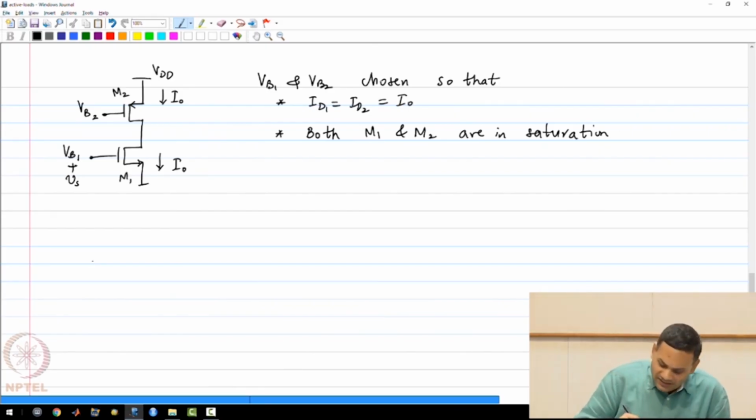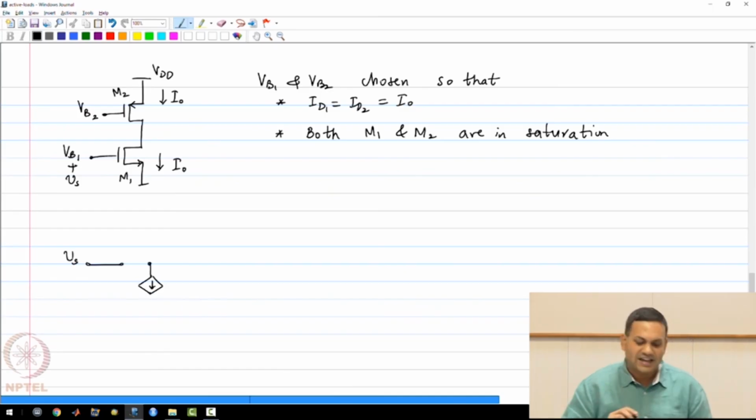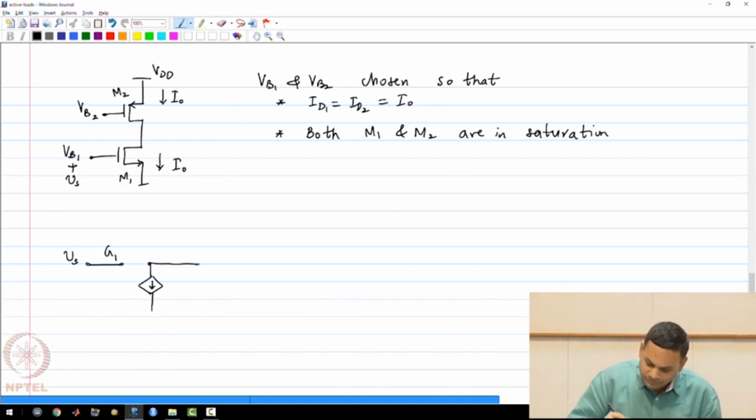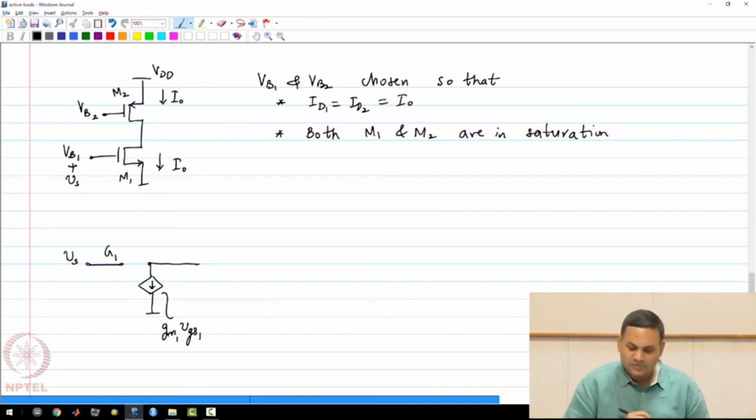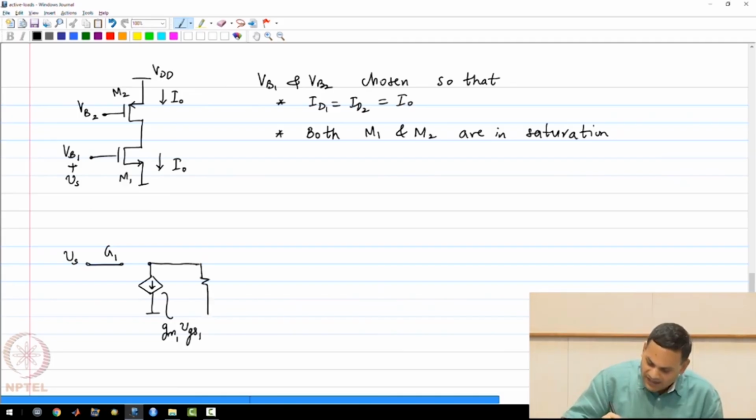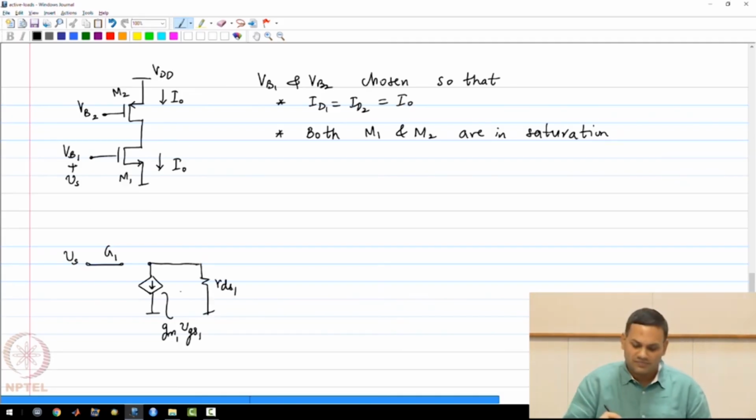Now let us draw the small signal equivalent circuit. I have a voltage Vs which is applied to the gate of M1, and there is a current source which is GM1 VGS1 and RDS1 of M1. So this is the drain of M1. This is of course the source of M1.